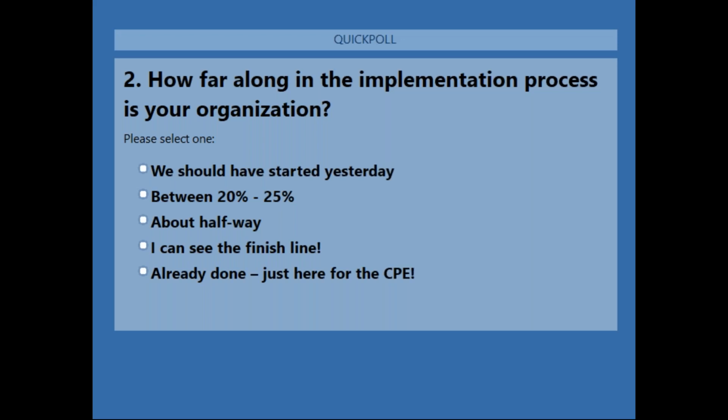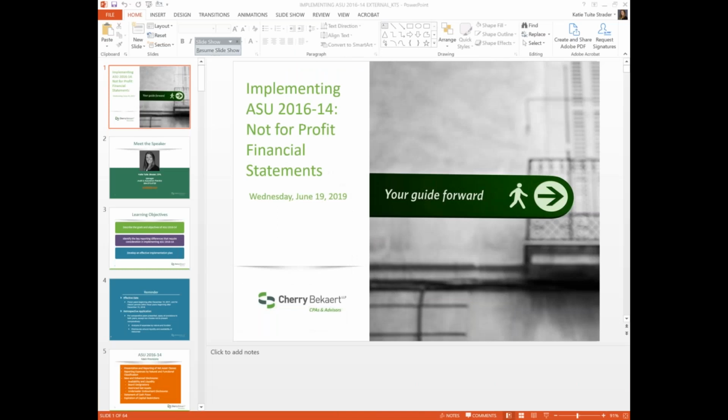All right, it looks like it's fairly split. 21% with we should have started yesterday, 14% between 20 and 25%, 26% about halfway, 22% I can see the finish line, so kudos to y'all, and 17% already done, just here for the CPE, which is always welcome as well.